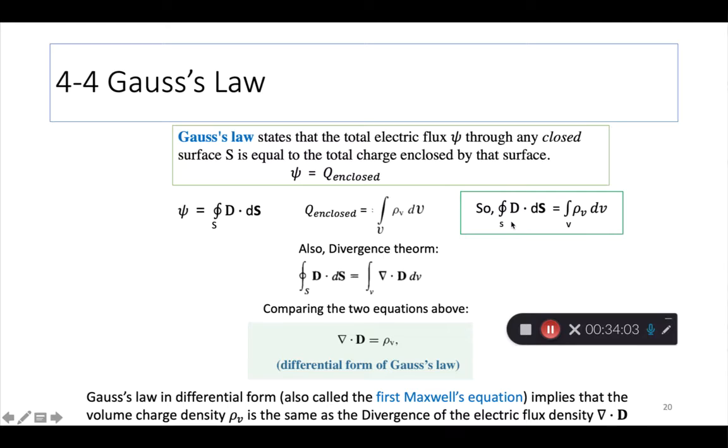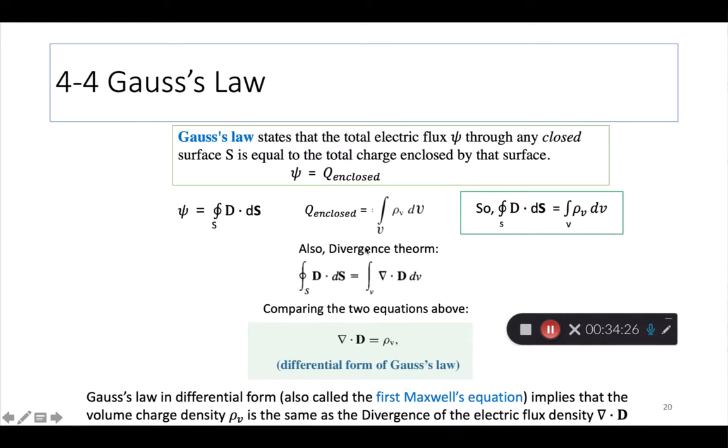So now we can say that the integral of the flux density over the surface equals the integral of the charge density over the volume. Okay.